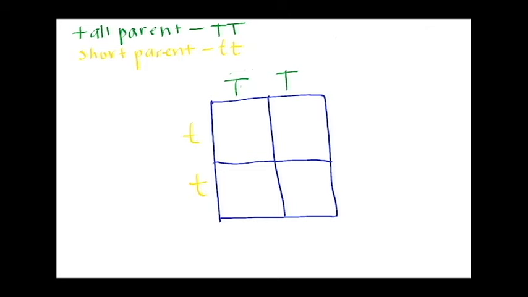And this is the tall parent, and the alleles are capital T, and this is the short parent, with the alleles being small t, or lowercase. And these are the alleles.